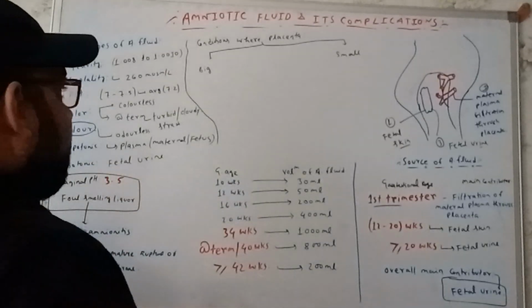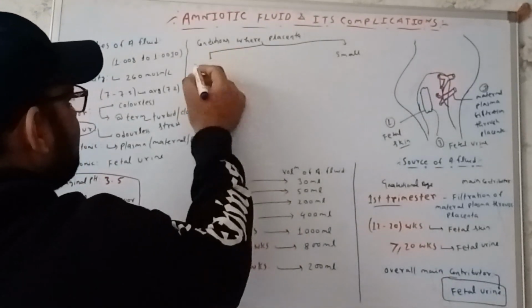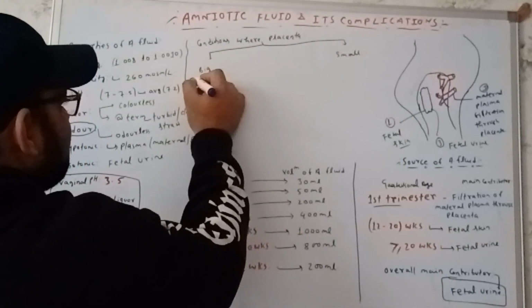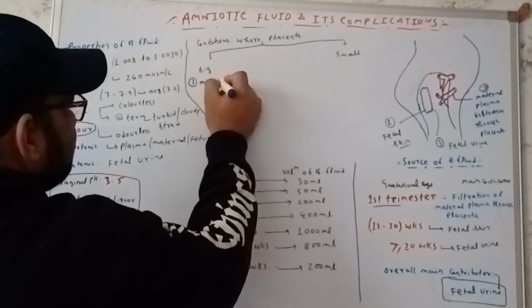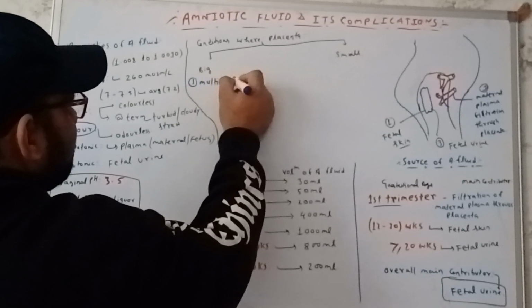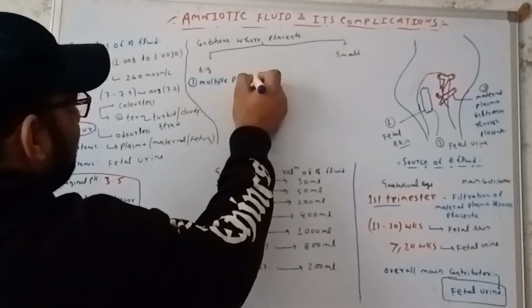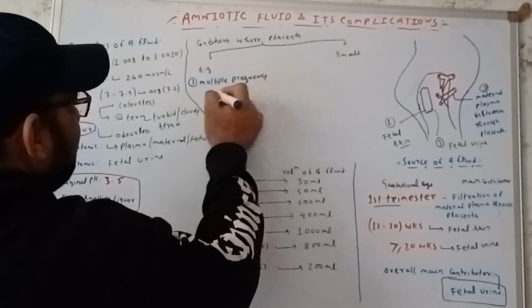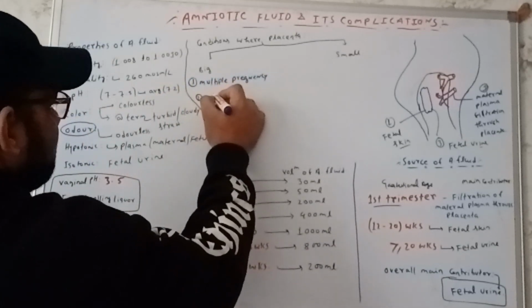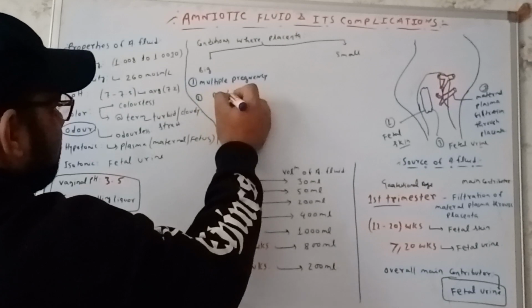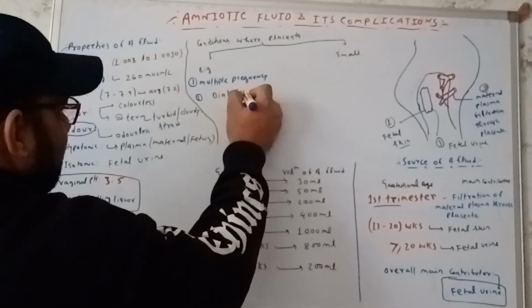Now see, the big placenta we get to see in multiple pregnancies. The first thing is multiple pregnancy. Number two, we can see it in diabetes mellitus. In diabetic conditions, we can see the big placenta.